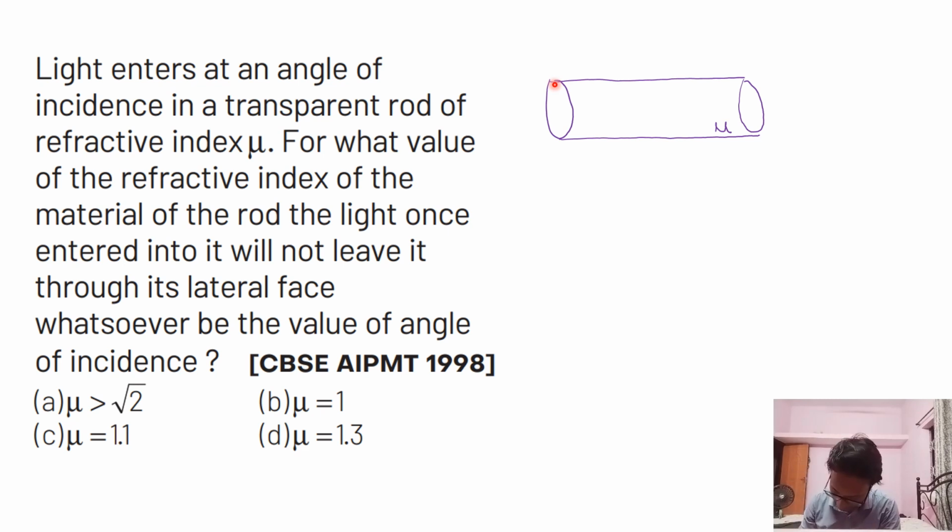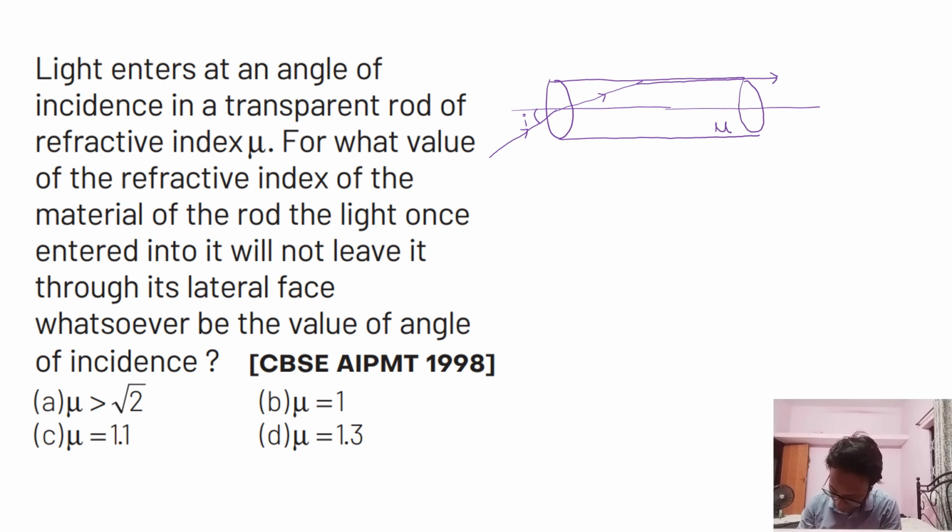So what is lateral face? This face is known as lateral face. What the question is saying is, whatever be the value of angle of incidence, this is the angle of incidence. This ray of light will travel out here, and this ray of light would totally internally reflect for whatever angle this is. So just at the start of total internal reflection, what happens?